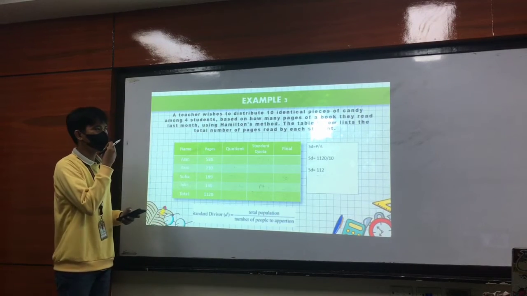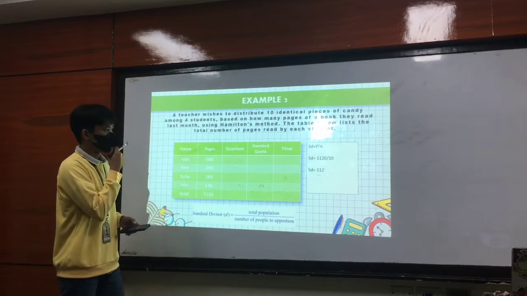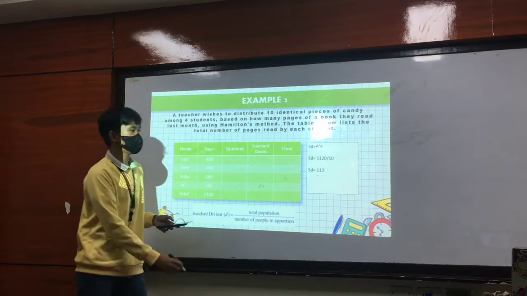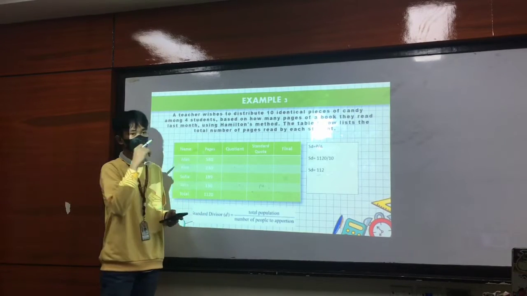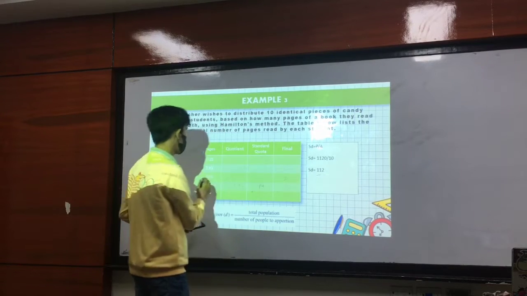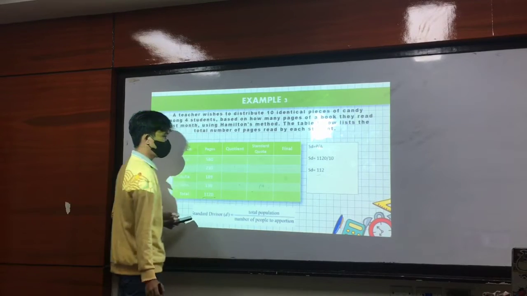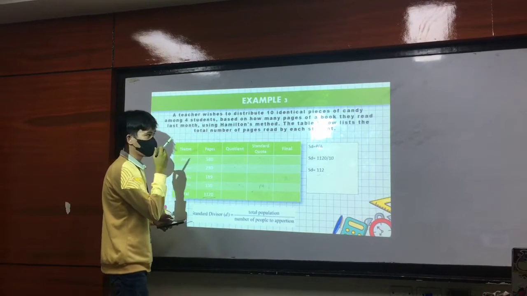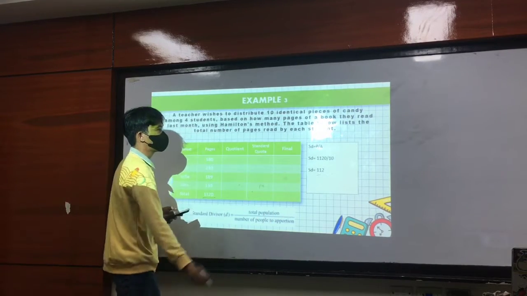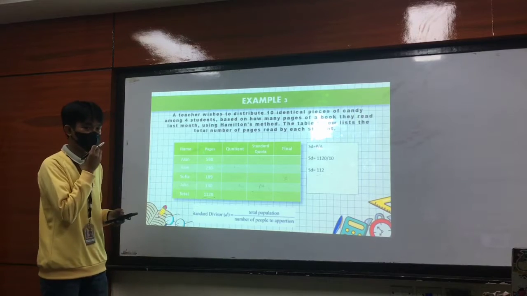Okay, so first we need to find our standard divisor, with the formula population divided by our apportionment. So our total here is 1,120, and our apportionment is 10 identical pieces of candy. So we got here the standard divisor of 112.